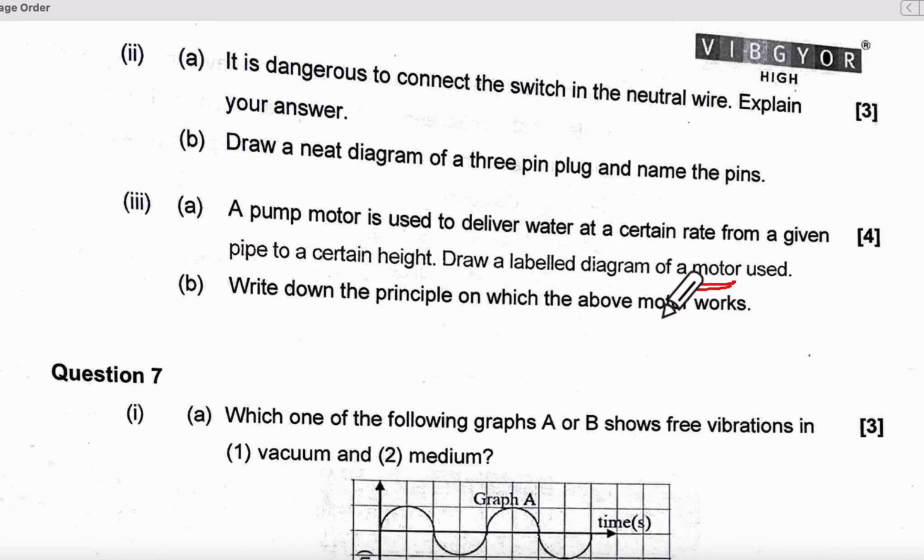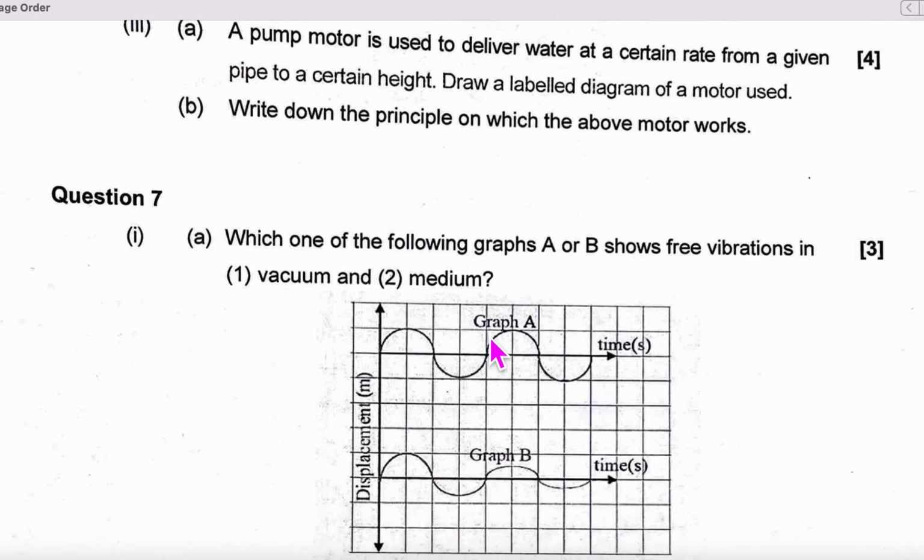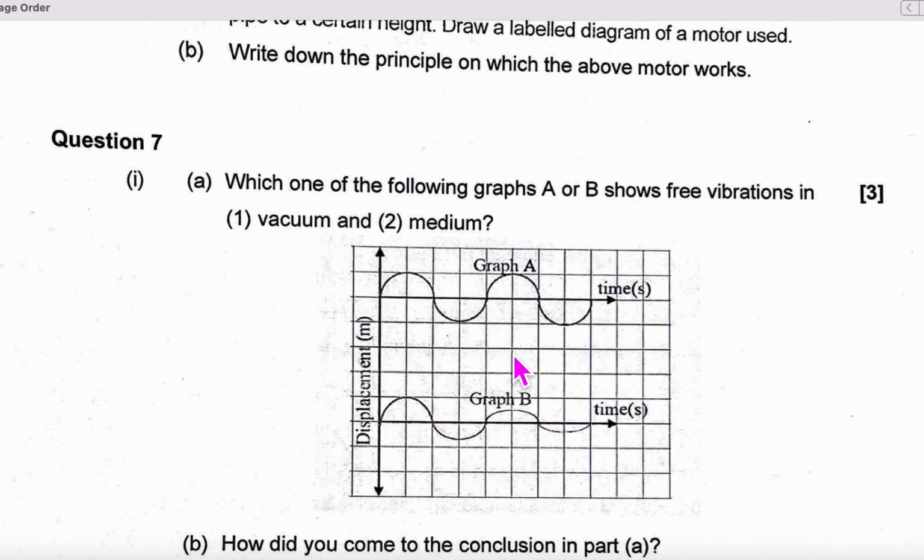Write out the principle on which the above motor works. What does it work on? Principle of magnetic induction, induced current. When a current carrying conductor is placed in a magnetic field, it experiences a force.